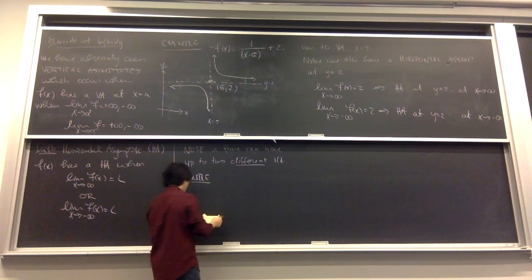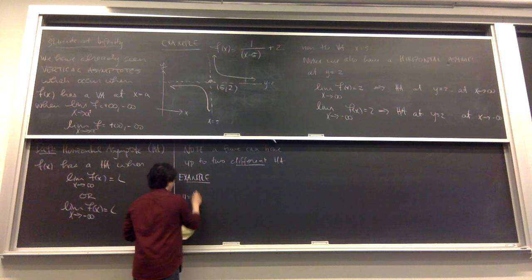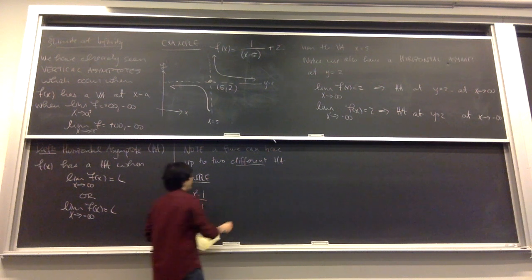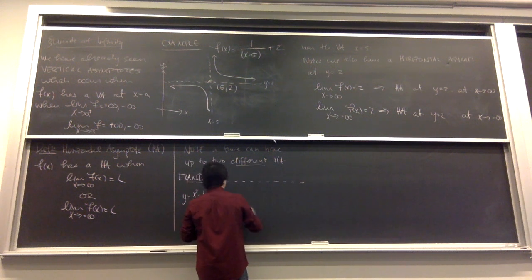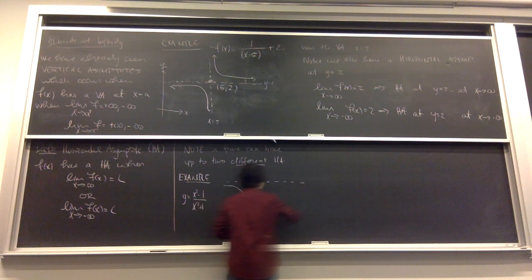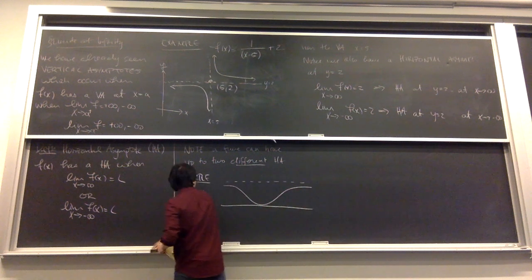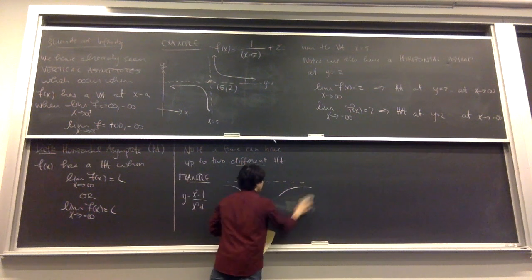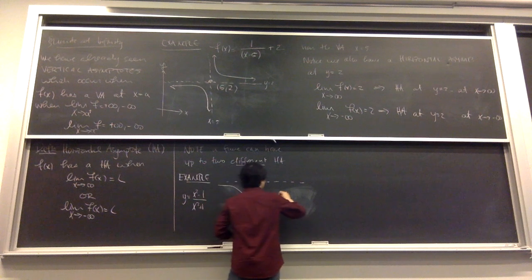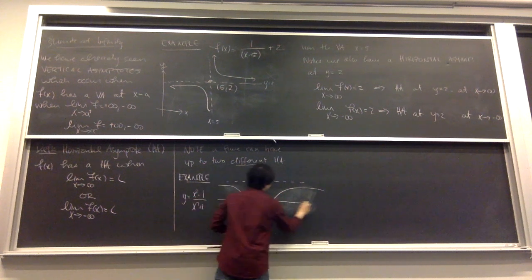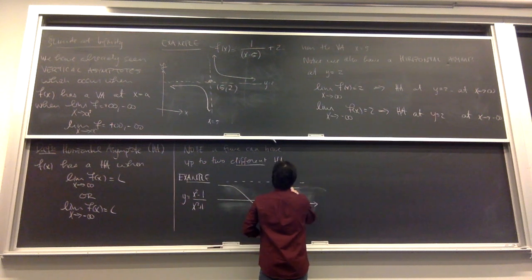Let's look at the function y is equal to x squared minus 1 over x squared plus 1. I'm going to tell you that the graph of this looks like this. So this is going to be y.